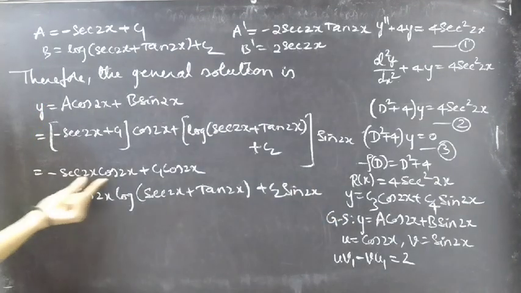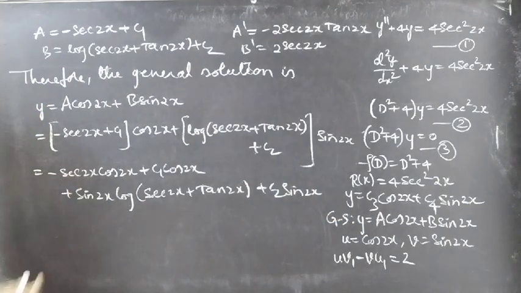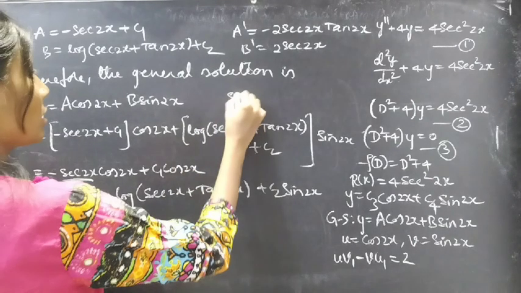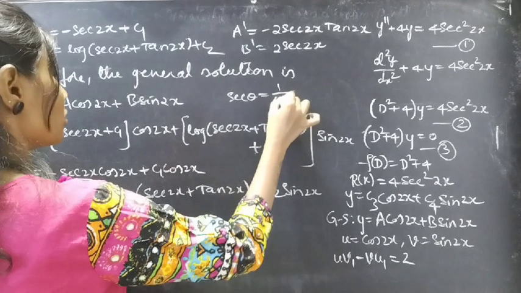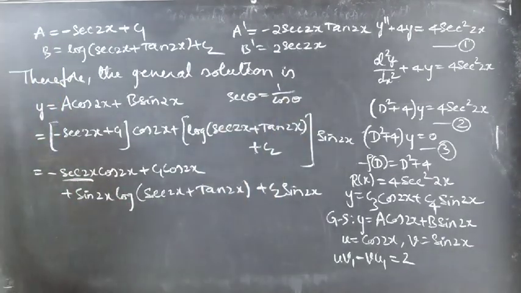Here we are having secant 2x into cos 2x, right? Let's replace secant 2x with the reciprocal of cos 2x, since secant theta is the reciprocal of cos theta. Or you can replace cos 2x with the reciprocal of secant 2x, whatever.